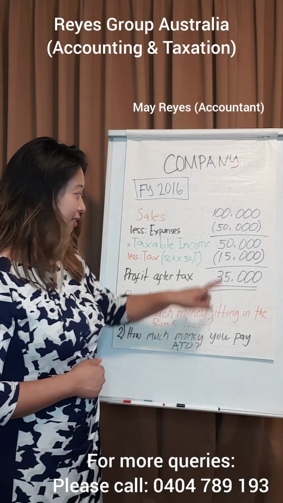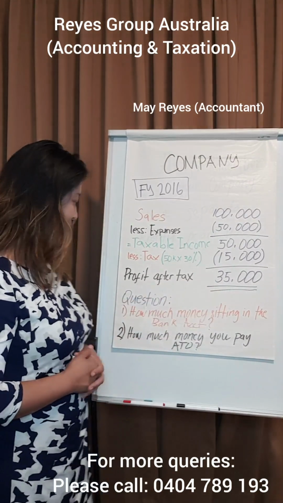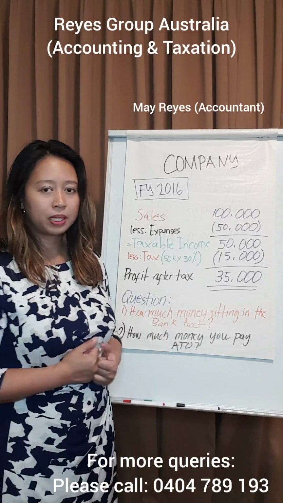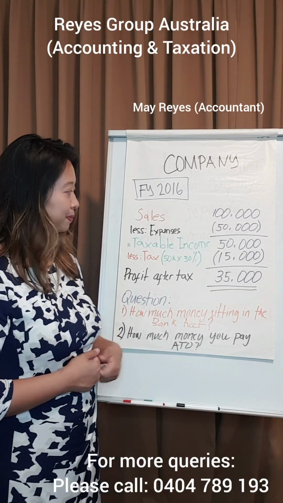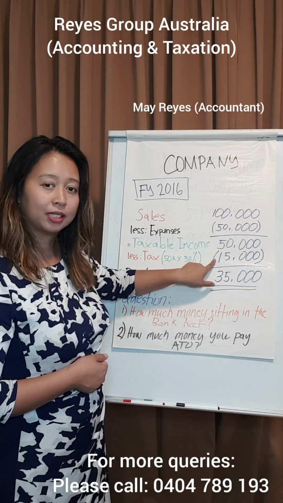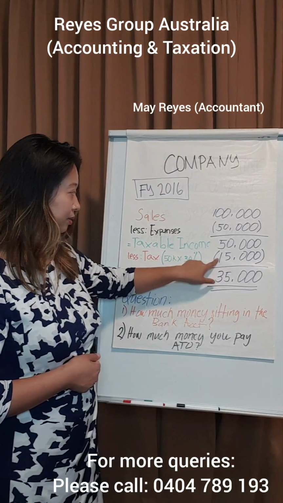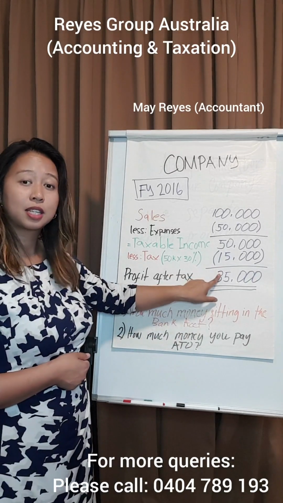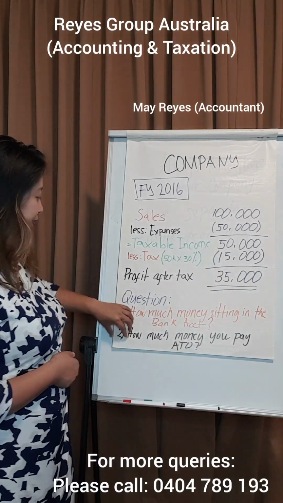You got it right, 35,000. And how much money does the company pay to the tax office? There it is, 15,000. Again, remember these three figures.